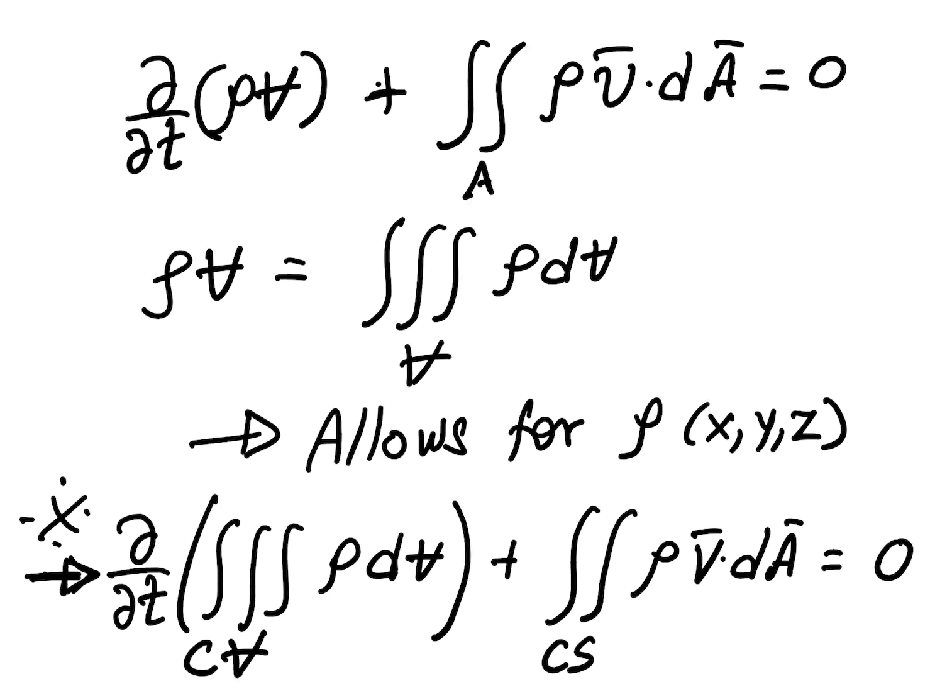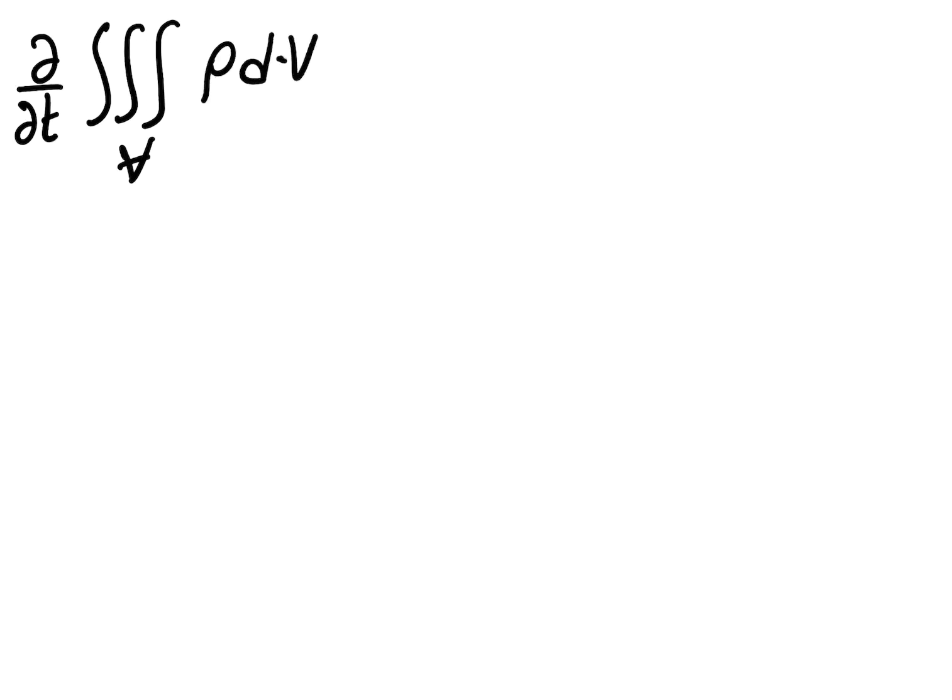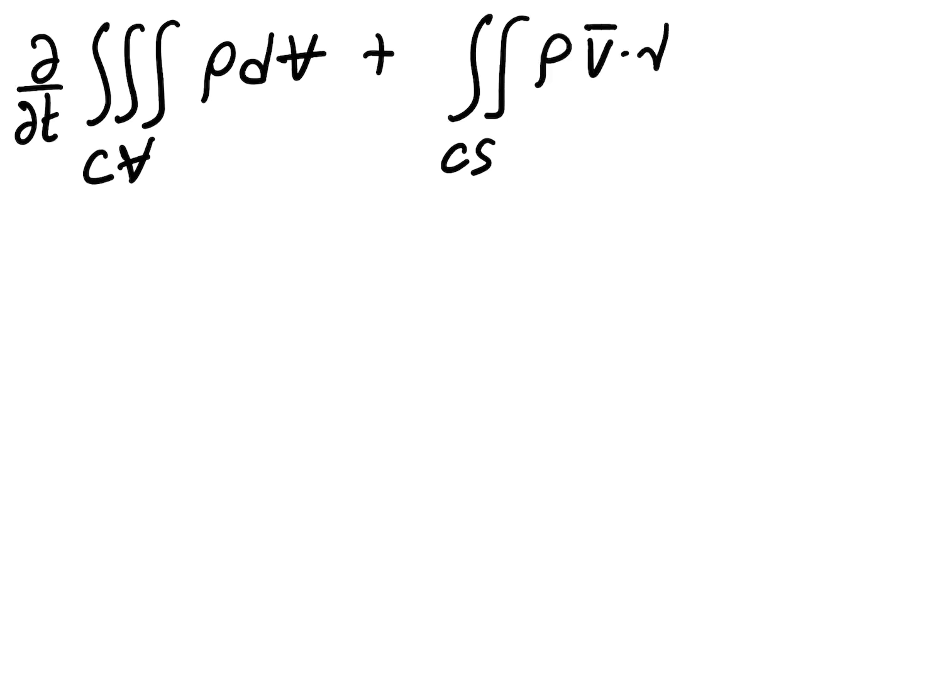Now, what are some of the special situations that we can think of? So we are going to go to the next page. I'm going to restate the equation. Partial derivative with respect to time, rho dV plus over the control surface, rho v dot dA equals 0.